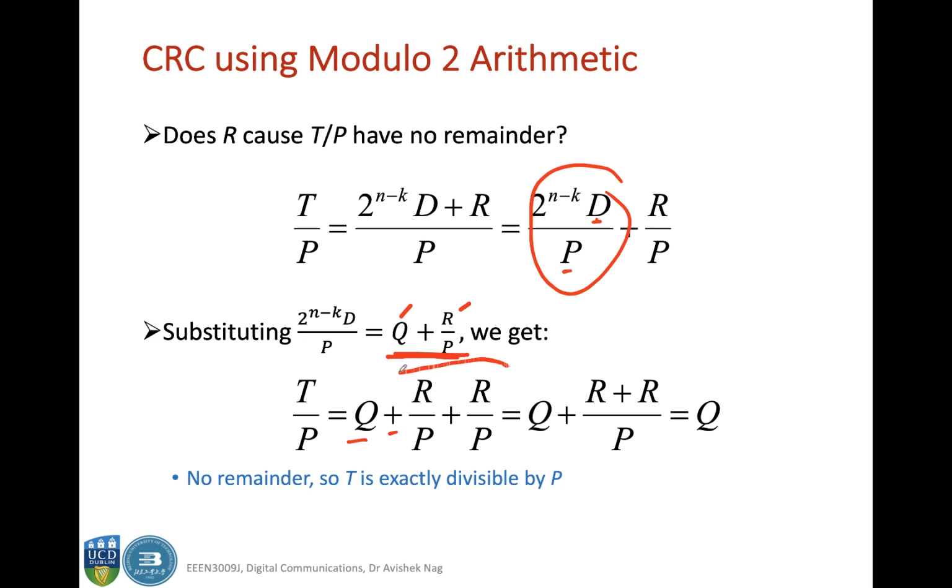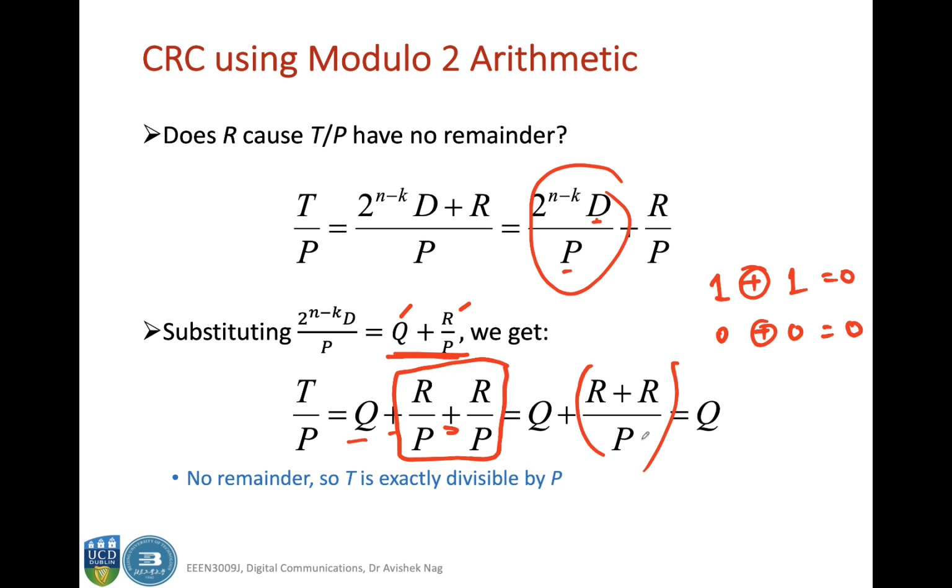Now in modulo 2 arithmetic, if you are adding the same term twice, remember this plus is an exclusive OR, or a modulo 2 addition. If you do an exclusive OR of a bit with itself, it will give you 0. So this operation gives you 0 in modulo 2 arithmetic, and you will get Q without any remainder.